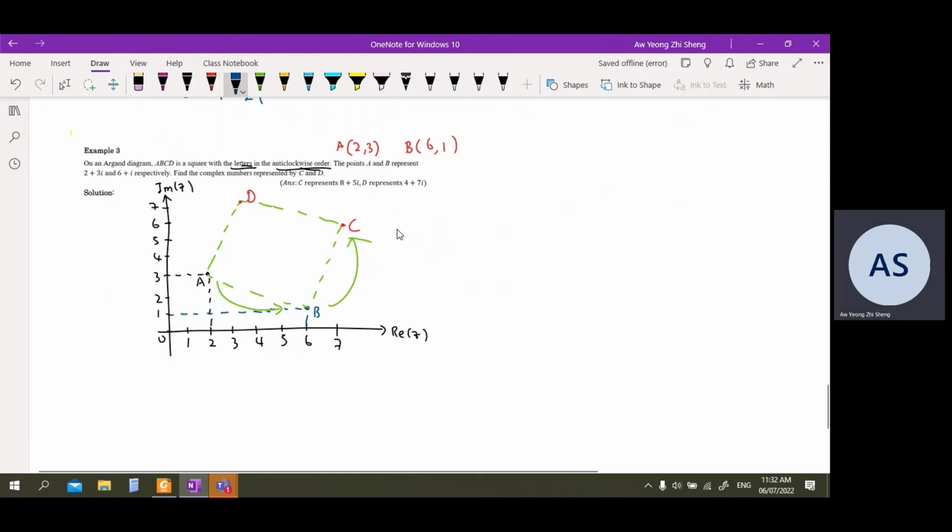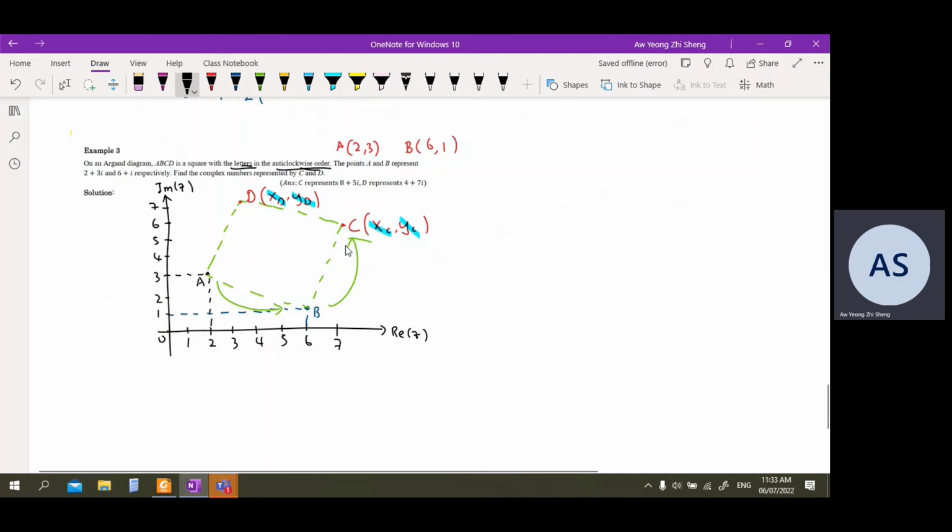It's going to be a bit painful to find C and D using the traditional approach because you have XC, YC, unknown coordinates for C, and XD, YD, unknown coordinates for D. So there are actually 4 numbers that we have to find: 1, 2, 3, 4. Solving for 4 unknowns will be quite a pain. It's possible to do, but it will be quite a pain.